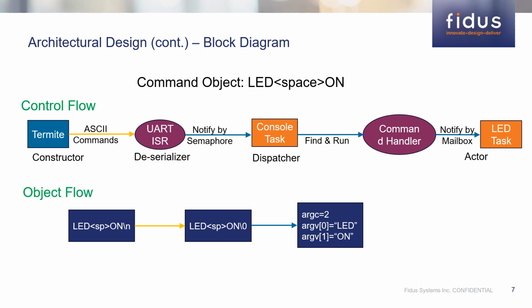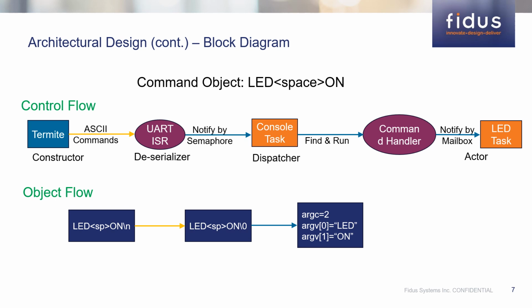After one more task is added to your system to handle a different command, it will become obvious that they all need to look at the verb within the command object and act on it. So we will factor out this common functionality of verb parsing and give it to the console task. Note that parsing does not alter the command object itself.